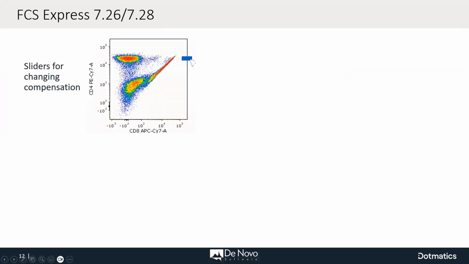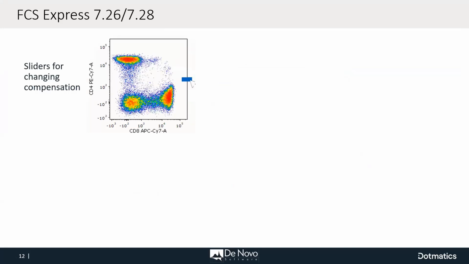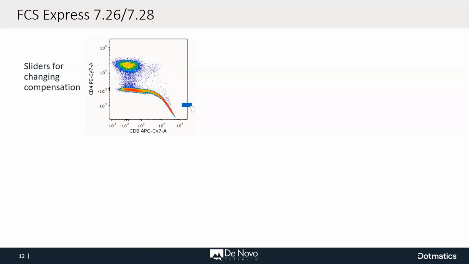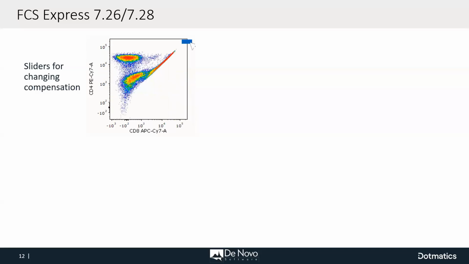What's new? What we're working on for 7.2.6, 7.2.8, so in the next, let's say, 6 months. I showed you that we added sliders to change the scale directly on plot. We will do the same to change compensation. This is just an animation, but this is what we will do.